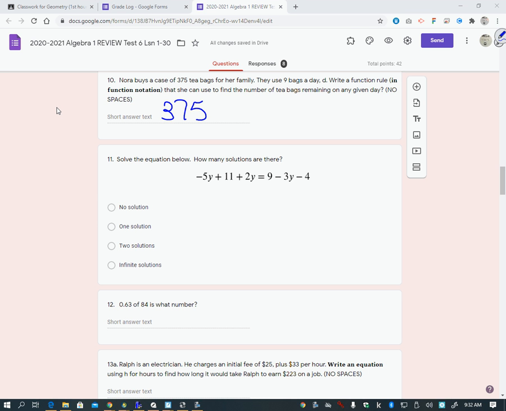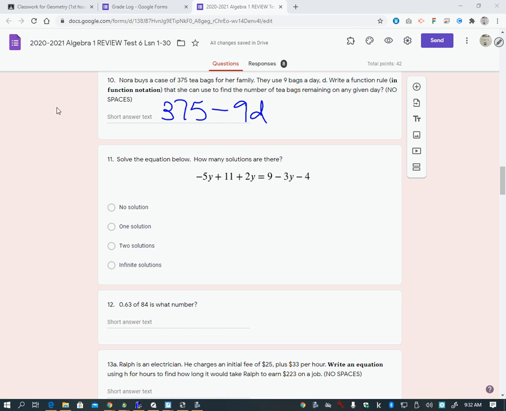Are we going up or down every day? Down. All right. How many are we going down a day? 9. How can I represent going down? Minus 9d. That's how I can find out after how many days, right? I just multiply 9 times the number of days. So if it was 3 days later, we take 375 and subtract 27. Does that make sense? Okay.